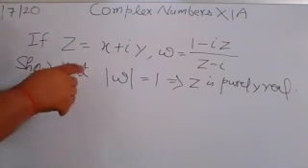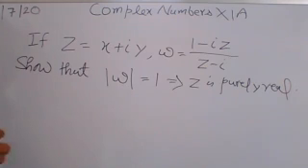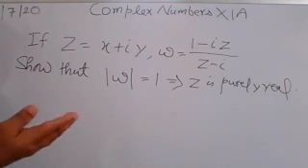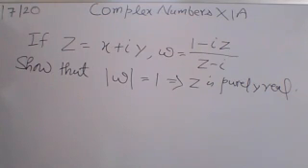So here you have to prove that this z is purely real. You can say z is purely real when its imaginary part, that means y, is equal to 0. If you prove that y is 0, your question is proved here. Understand? So, trying to prove.